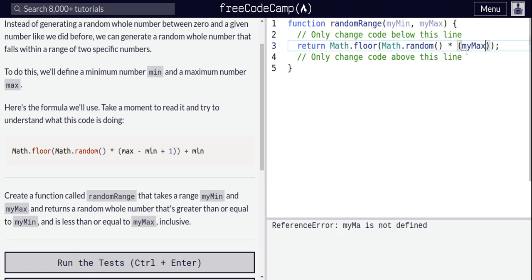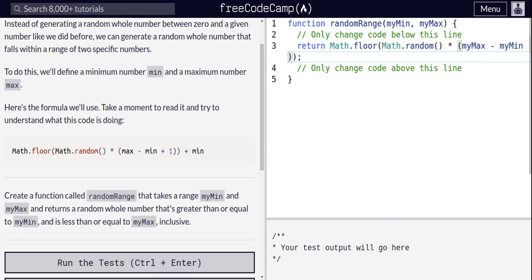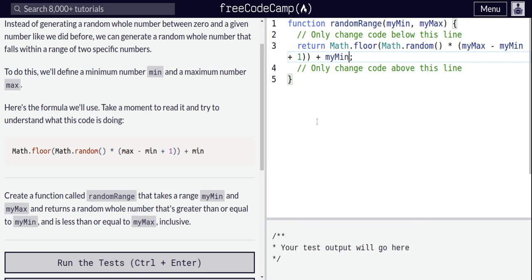My max minus my min, plus one, and then right here we have plus my min. That was my bad. So let's console.log this.